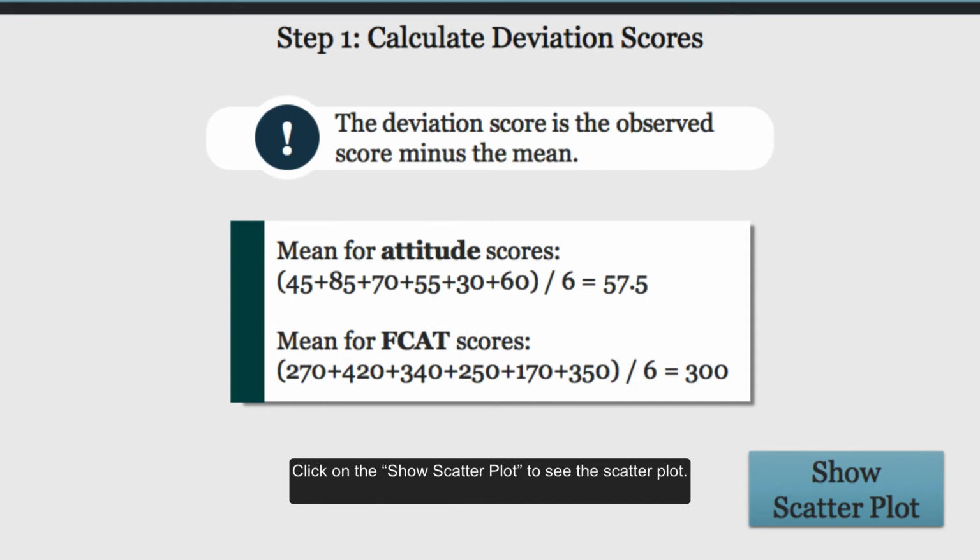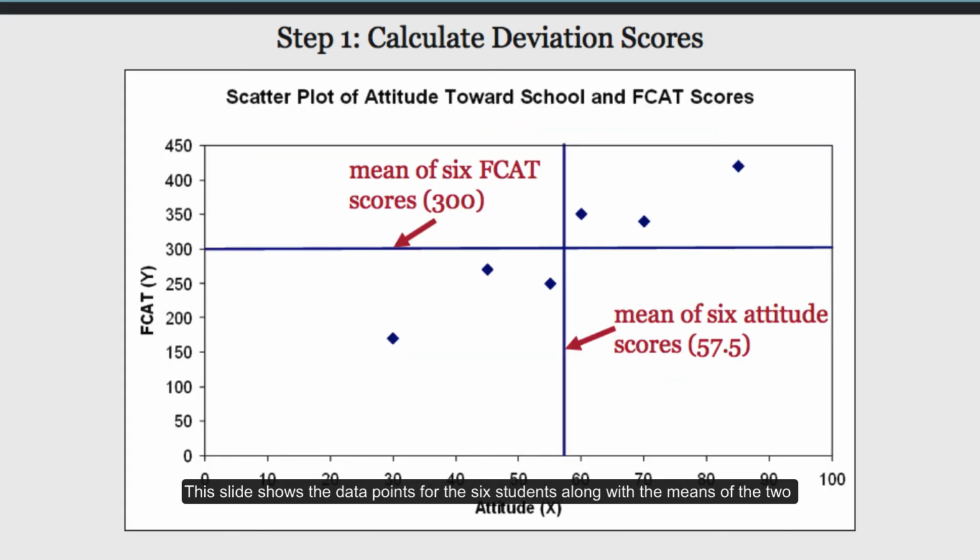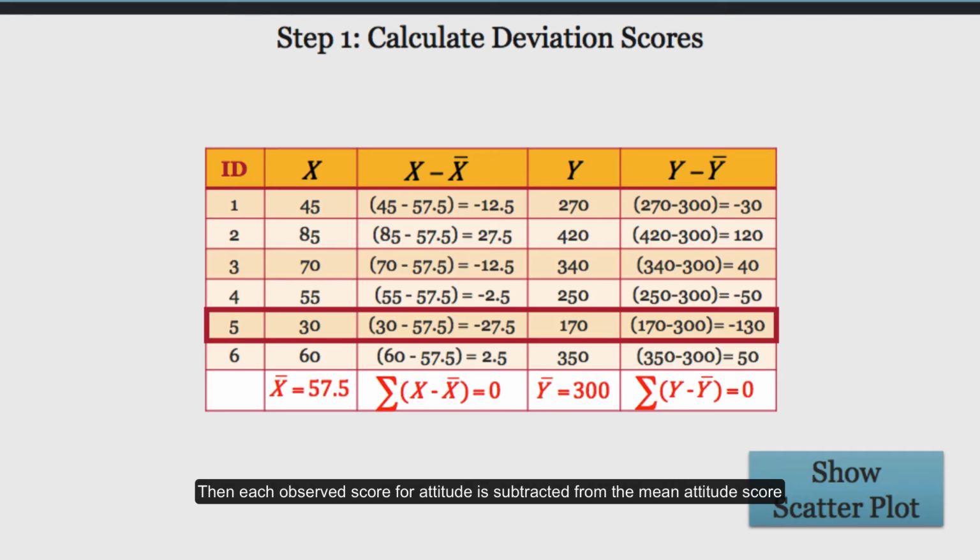Click on the Show Scatter Plot to see the scatter plot. This slide shows the data points for the 6 students along with the means of the 2 variables, which are shown as lines. The mean of the 6 FCAT scores is 300, and the mean of the 6 attitude scores is 57.5. Then each observed score for attitude is subtracted from the mean attitude score, that is x minus x bar.